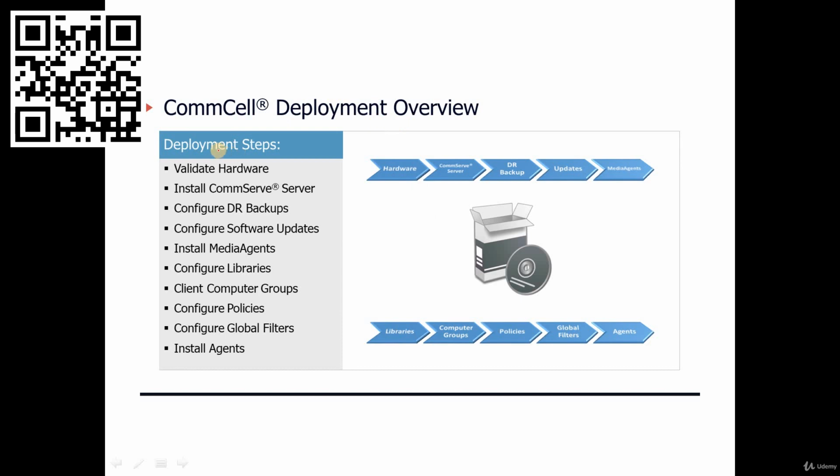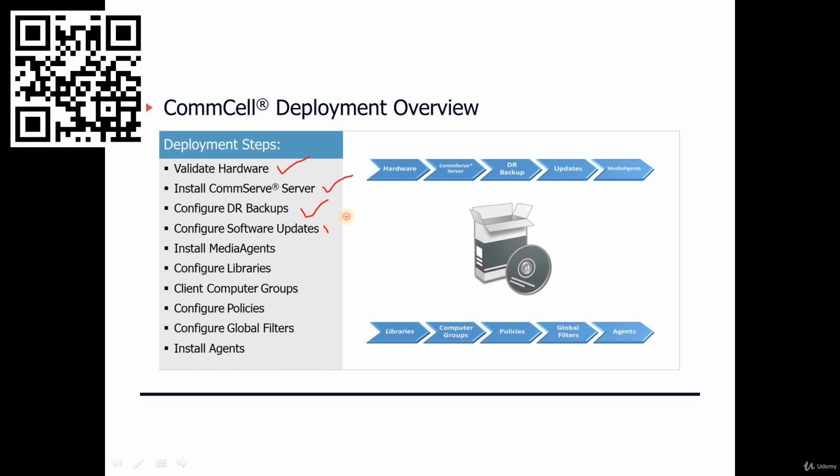And then after downloading the software, what all do we need to do? The first thing is we have to validate the hardware to make sure that we have enough CPU, memory and disk space to complete the installation. Then we proceed with the CommServe server installation. Then we configure the DR backup jobs, because we have to protect your CommServe database as well.